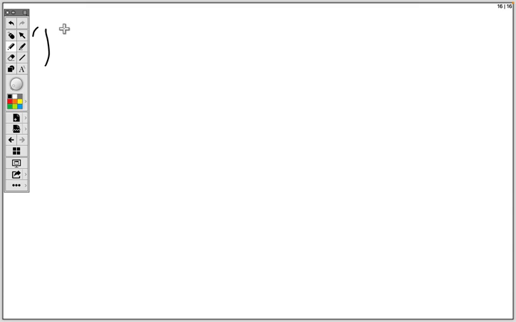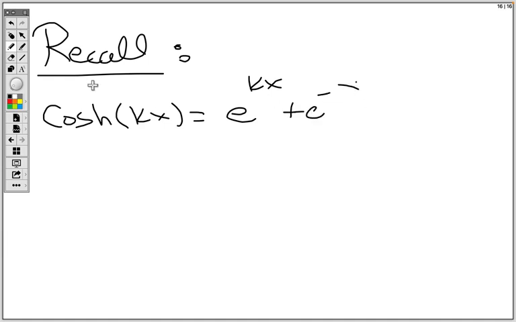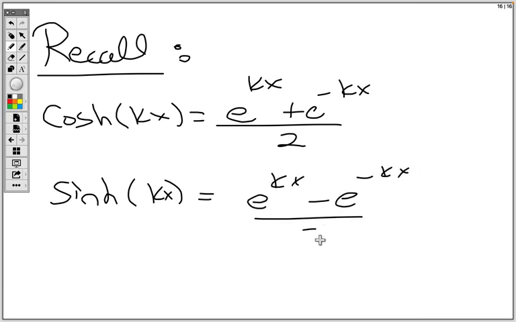So recall, the hyperbolic cosine of kx is e to the kx plus e to the minus kx over 2. And the hyperbolic sine of kx is e to the kx minus e to the minus kx over 2.